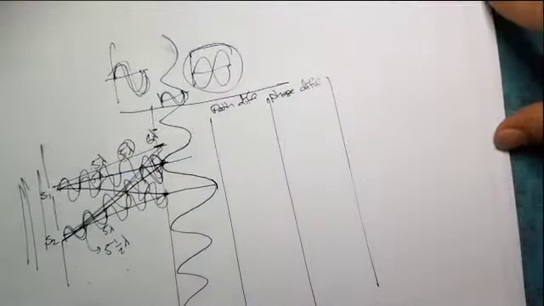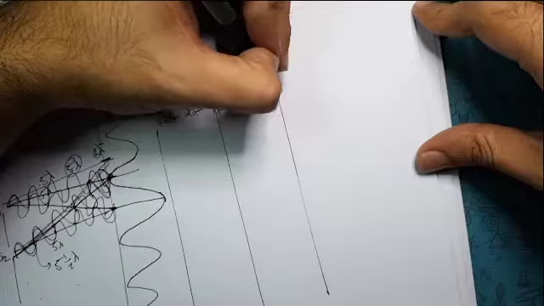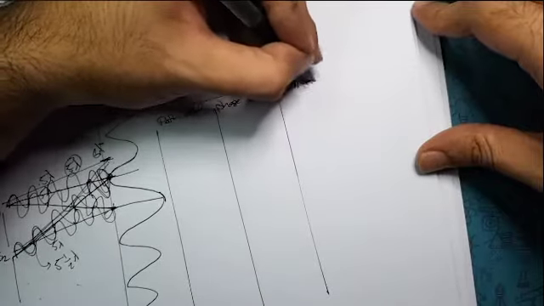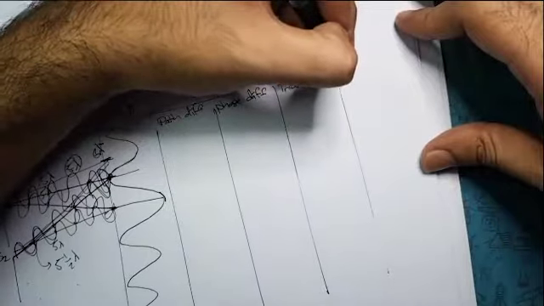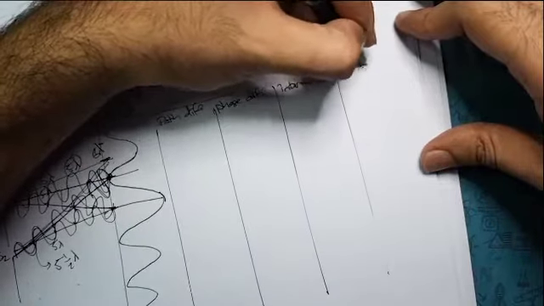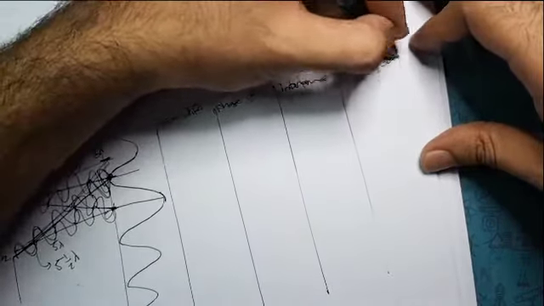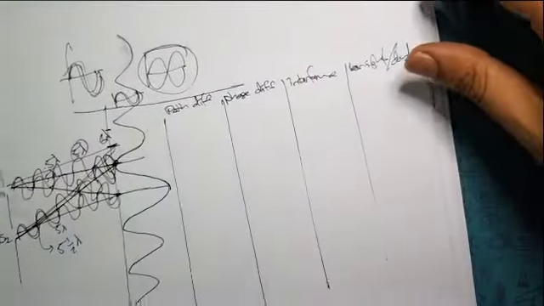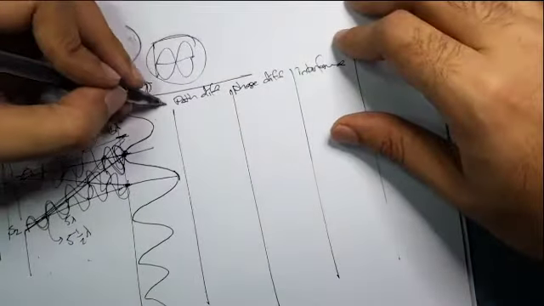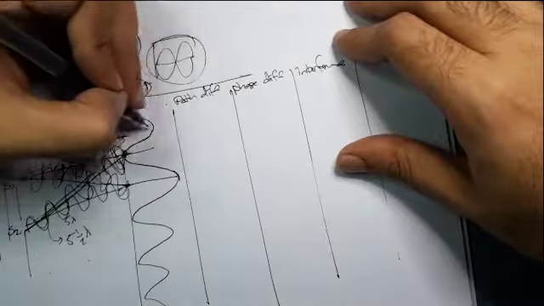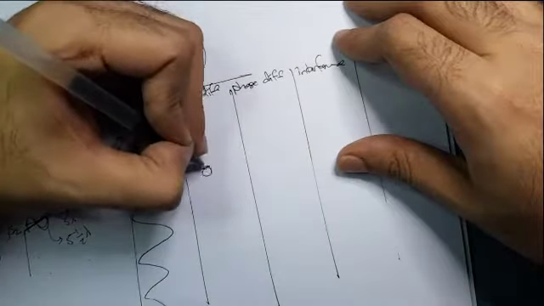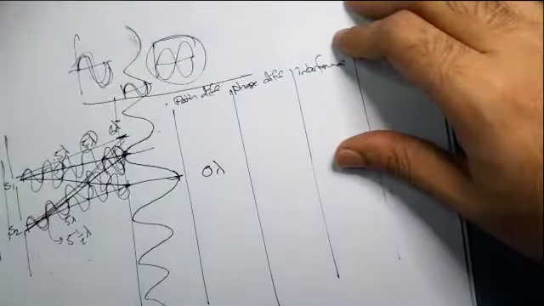This phase difference would lead to what? An interference. And this interference will lead to what? A pattern, bright or dark. Right, so from here, moving on. So the path difference is basically what? Here, we take this point, the path difference is 0 lambda. We're going to express the path differences in lambda.